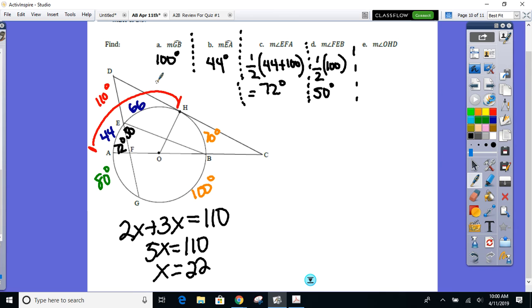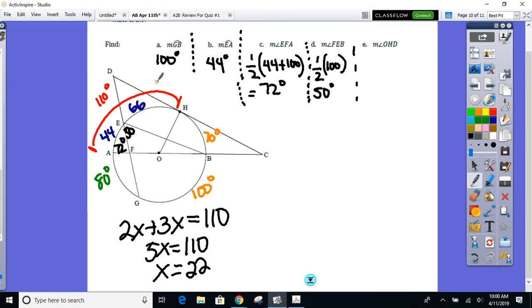Let's see how many people I can get here now. OHD. Everyone see that angle right there? You may not see it right now, but I am not going to go through central, inscribed, or floater.